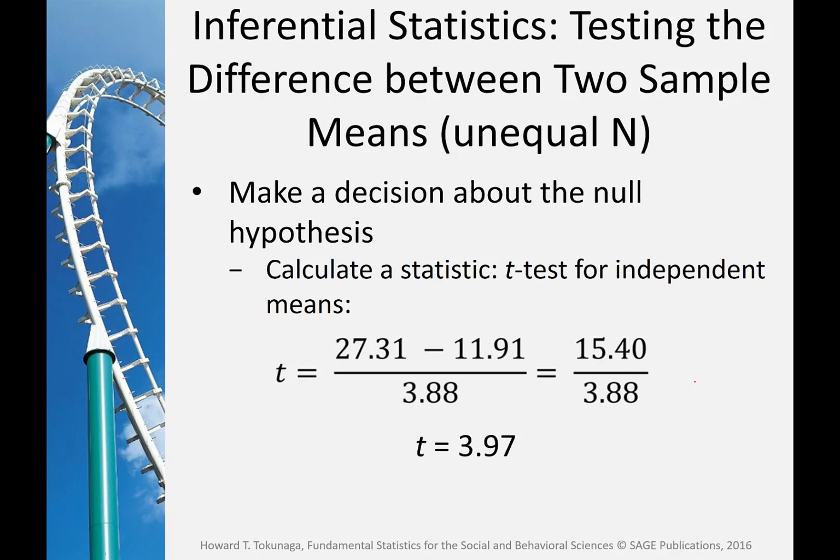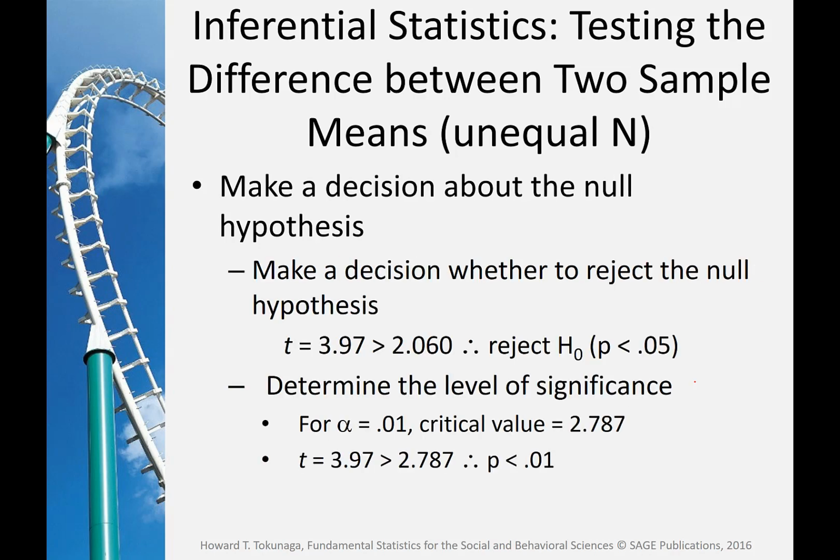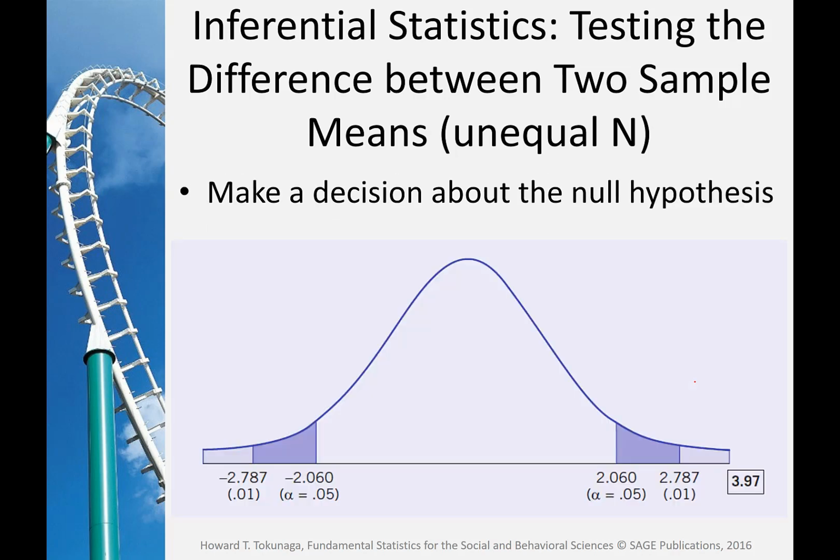Less than a 5% probability. In fact, this is why I think Howard goes through the different levels. This is really out there. It's not just a less than 5% chance. It's less than a 1% chance that you would have mistakenly grabbed the wrong sample from a distribution that had no difference.